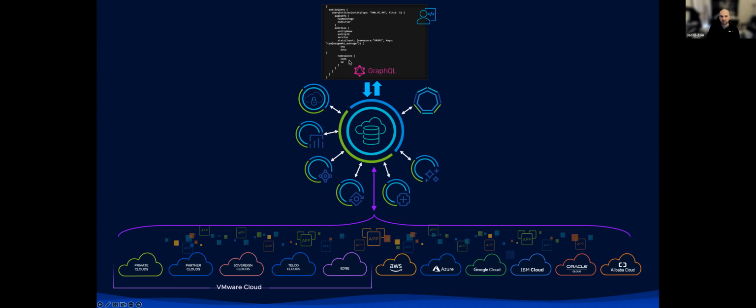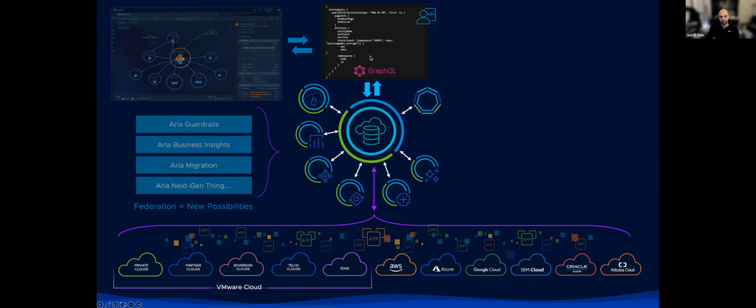So when my user comes in through either the hub or programmatically through an API, they are hitting a single data store, making a single request, and pulling all of that data directly because it's all available centrally. It's a unified data store in the graph.